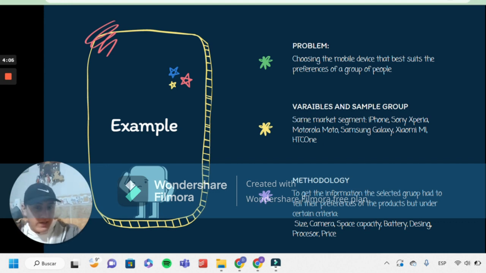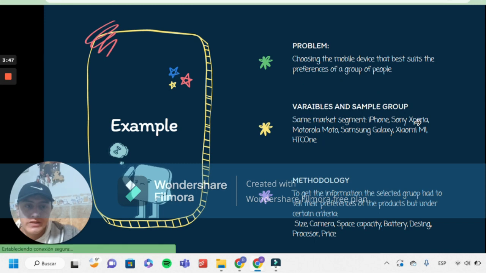So this will be like the size of camera, the size of phone, the camera, the space capacity, the battery, the design, the processor, and the price. So with this, we can pass to the first step.